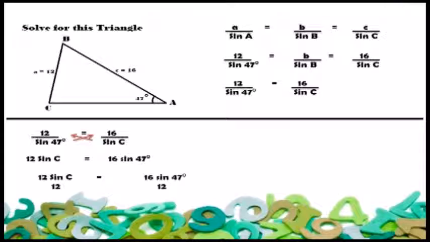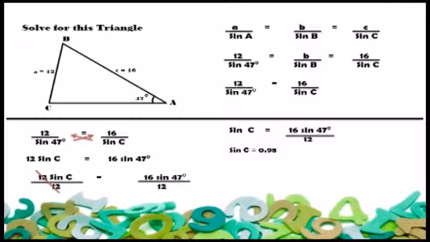Divide both sides by 12 so that we can get the value of sine C. Sine C is equal to 16 sine 47 over 12, which is equal to 0.98.